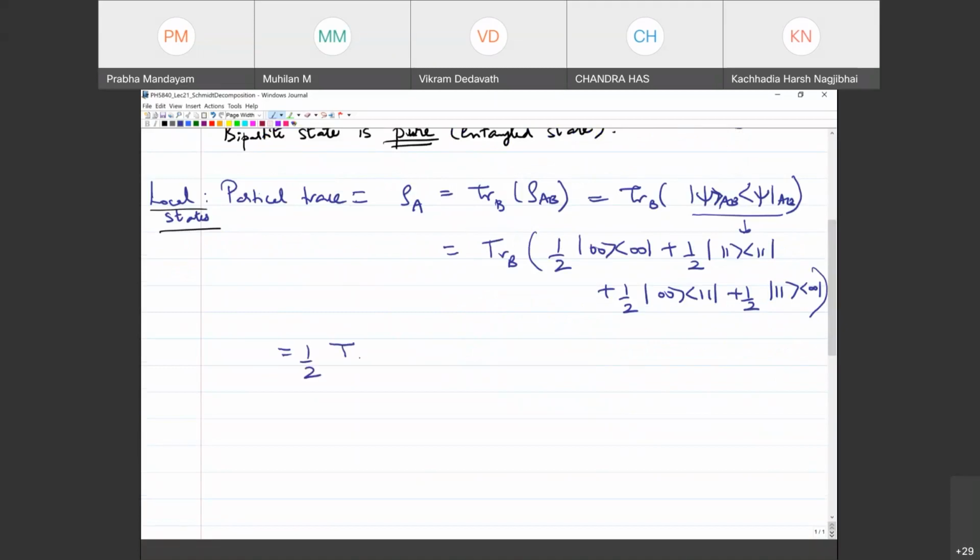I'm taking the half out, there's a common factor of half. And then I have basically |0⟩⟨0|_A tensor |0⟩⟨0|_B, that is what this term is.